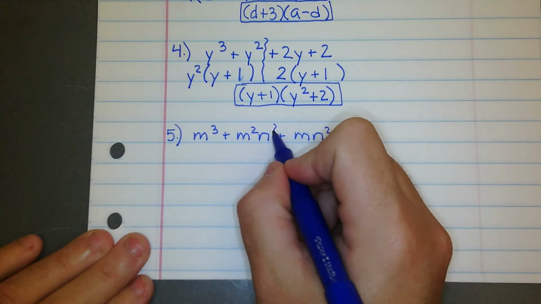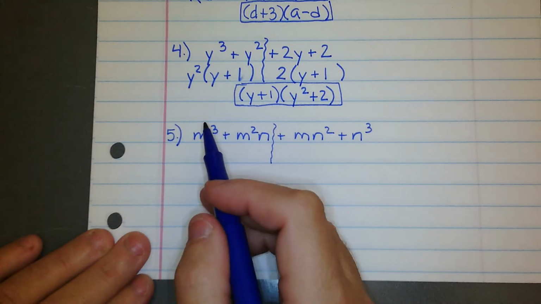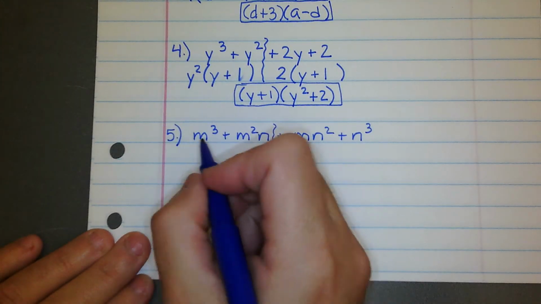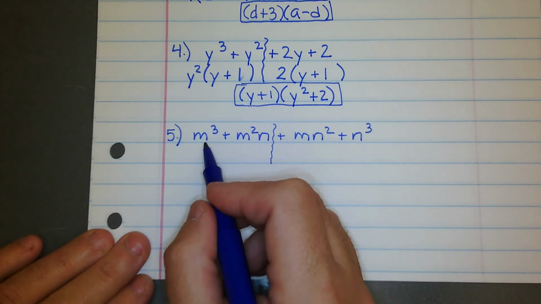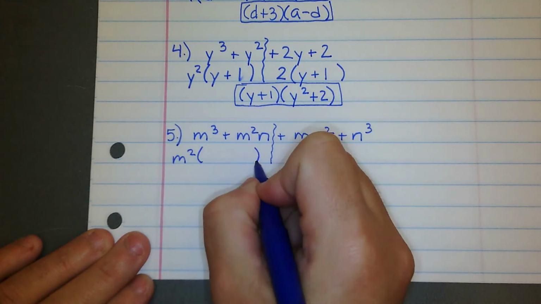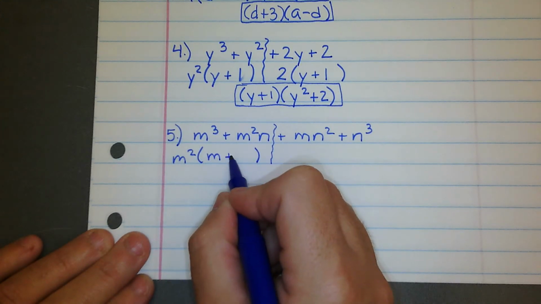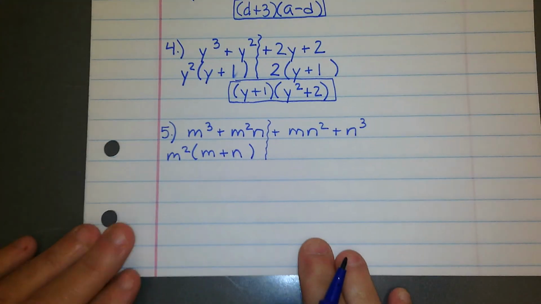We're going to crinkle cut down after the second one. That doesn't change. As soon as you have 4 terms that you're factoring, that's what you do. These two have an m in common, but the lowest exponent for m is 2. So we're going to have an m squared come outside. m squared on the outside leaves you with an m plus n on the inside.